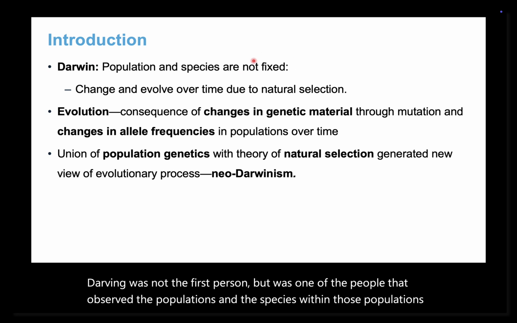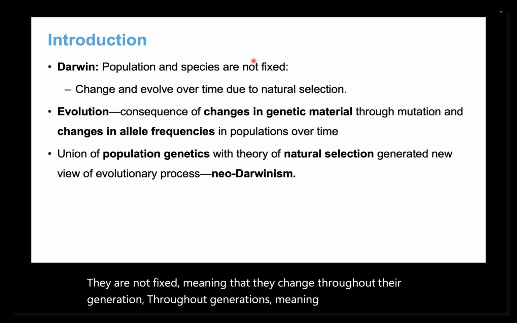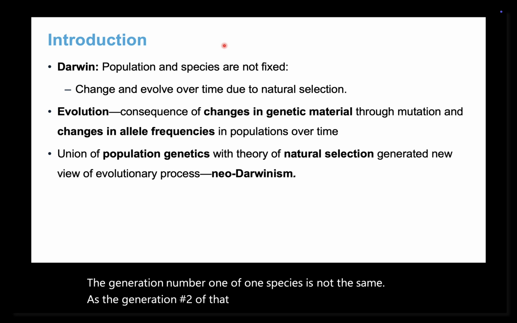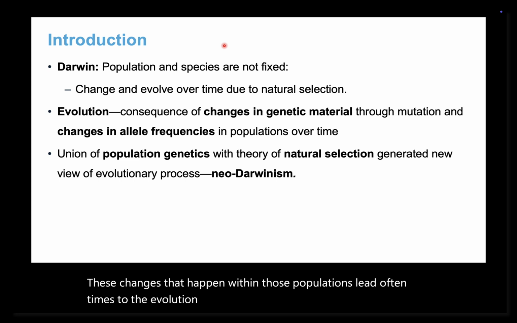They are not fixed, meaning that they change throughout generations, meaning that the generation number one of one species is not the same as the generation number two of that species. So these changes that happen within those populations lead oftentimes to the evolution of that population.